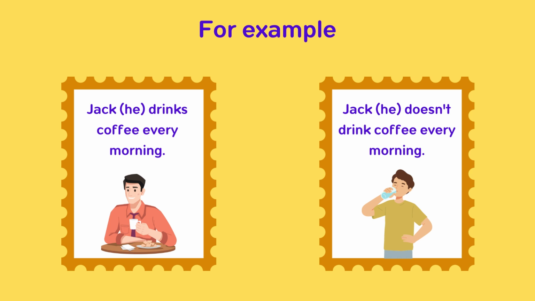But when I have doesn't in my sentence, I take the S from my action verb away, and that's it. Jack doesn't drink. No S. Why? Because I have doesn't. Jack doesn't drink coffee every morning.